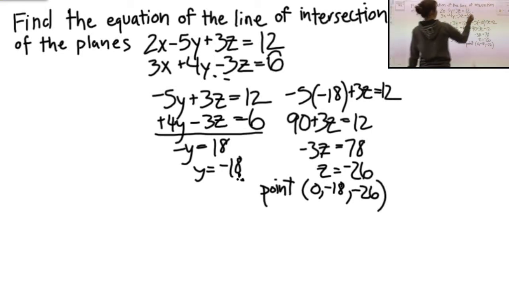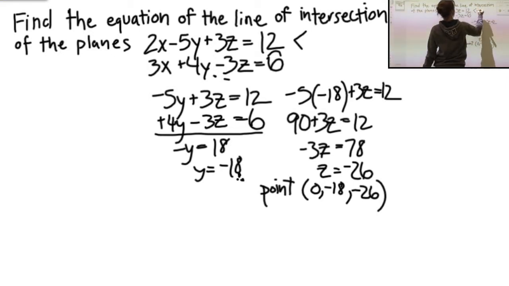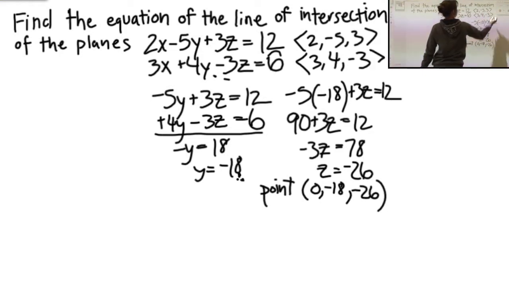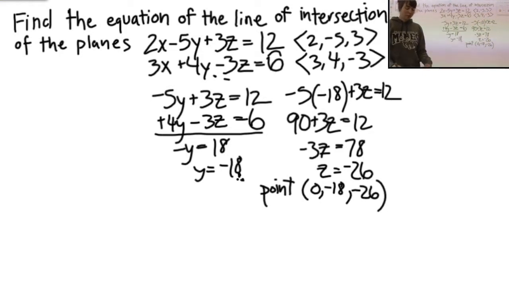So we're going to get, for this one, 2, negative 5, 3. And for this one, 3, 4, negative 3. The cross product of these two vectors is going to be your direction vector for the line of intersection. So let's do the cross product.